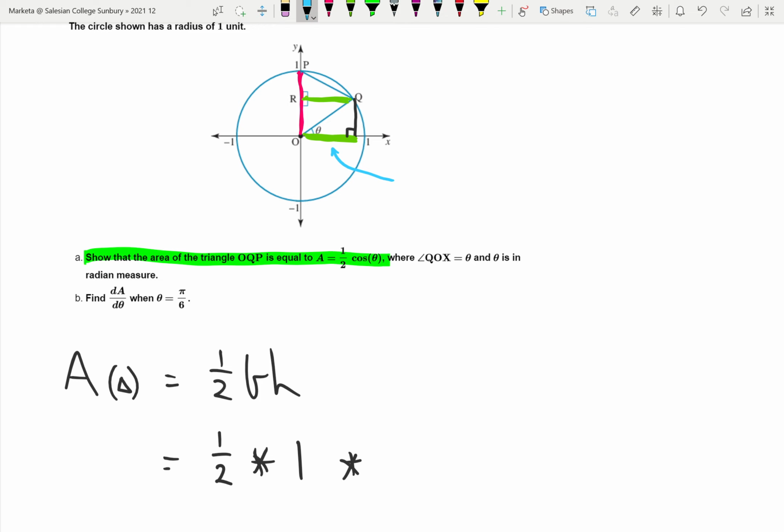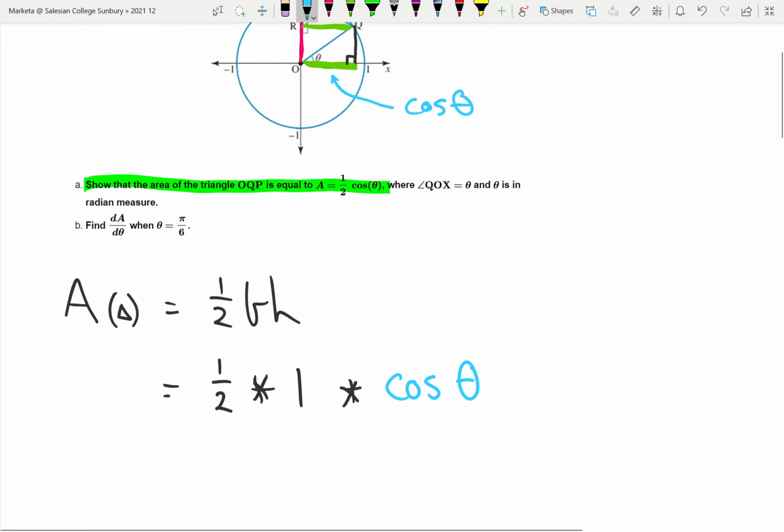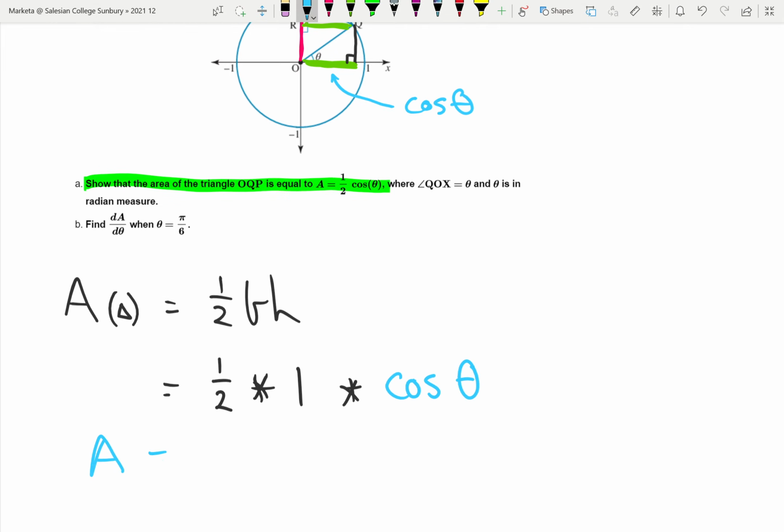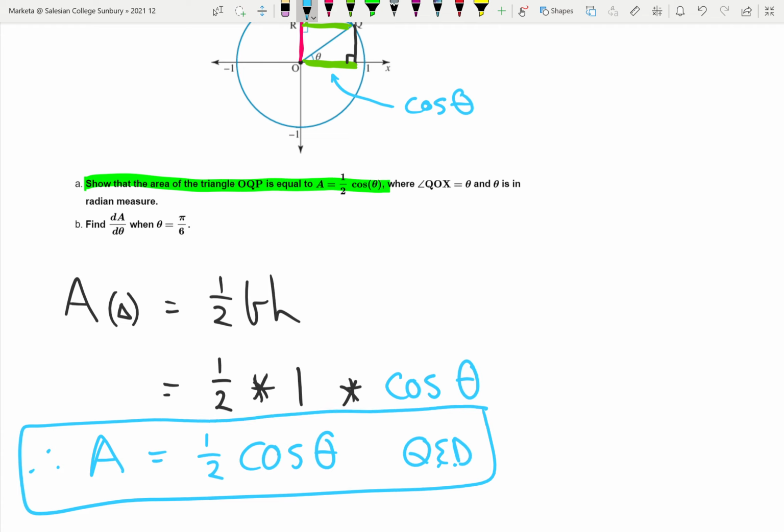So this is cos of theta because it's the base of the triangle. So actually we've already done it. So area, therefore area equals half cos theta, QED, as required, as shown, one of those sort of sayings. So we found the area function.